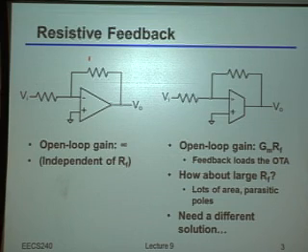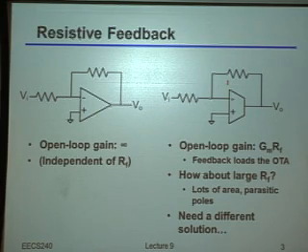Well, if instead I actually use an OTA, which again as a reminder is basically what you're going to get in most transistor amplifiers, now unfortunately those resistors are actually going to reduce the effective output impedance of the amplifier. In other words, your open loop voltage gain will actually depend upon the value of these resistors. In other words, the feedback is really loading your OTA.